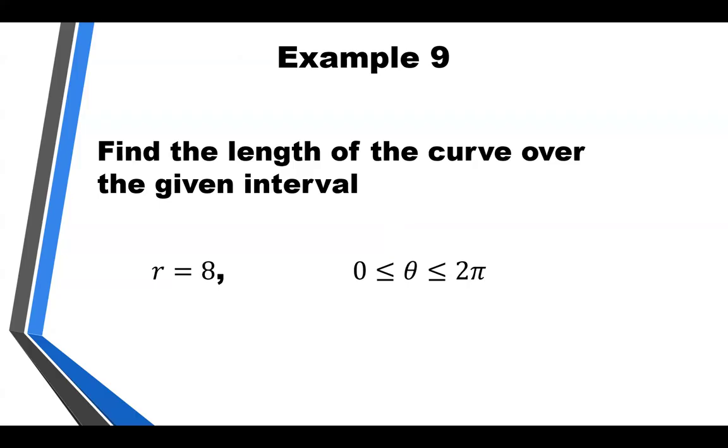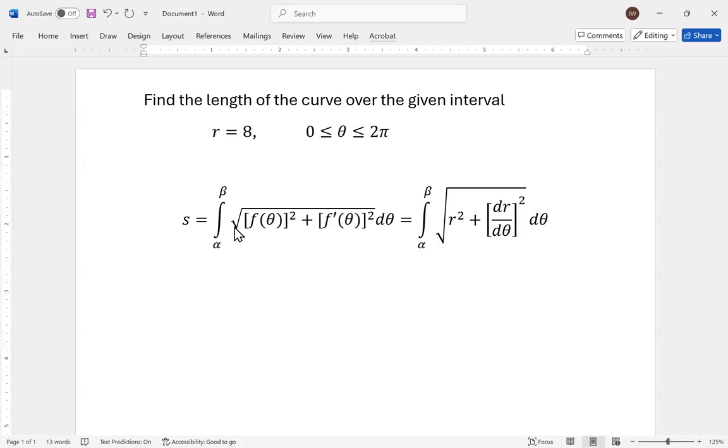Let's find the arc length or the length of the curve over a given interval. My function is r equals 8 in polar form, and my interval goes from 0 to 2 pi. That is, theta goes from 0 to 2 pi. I don't even need to graph it right now. The big formula looks like this.